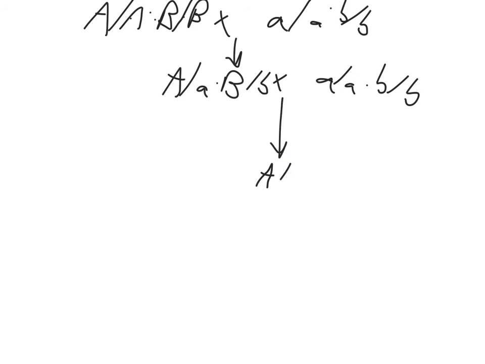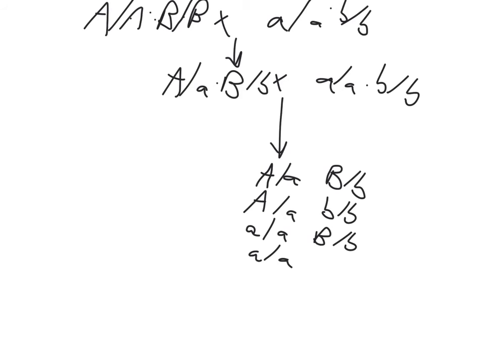So we get some capital A over small a, we get some lowercase a over lowercase a, and that means that one has to be big B over little b, I think, if I did that right.